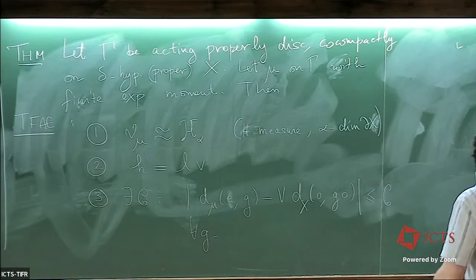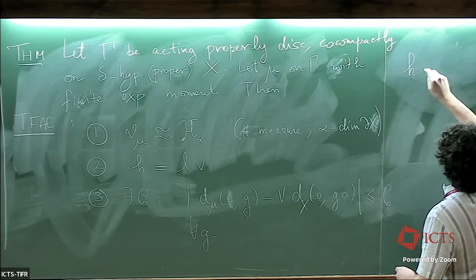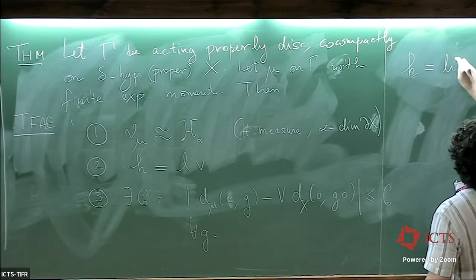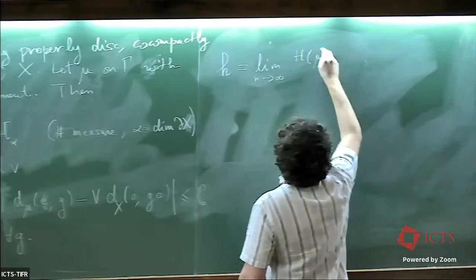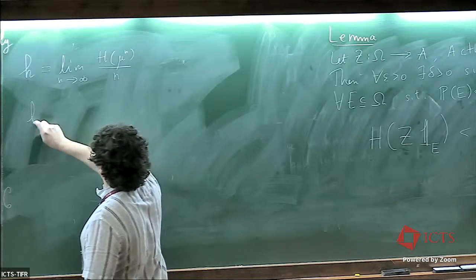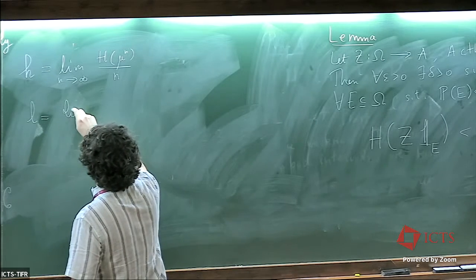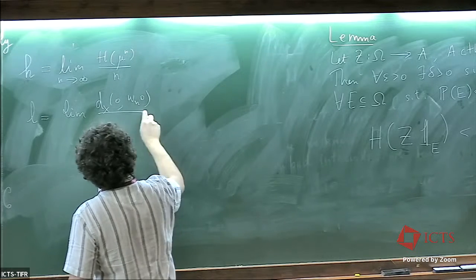So, what are h, l, and v? h is the entropy, the limit of H(mu^n) over n. l is the drift, the limit of the distance d(x_0, w_n x_0) divided by n.